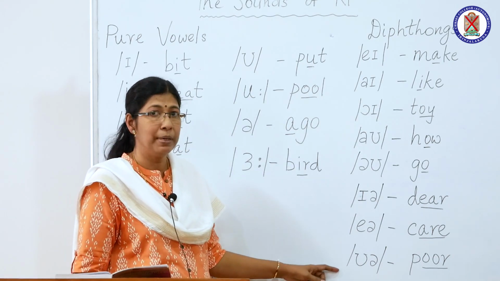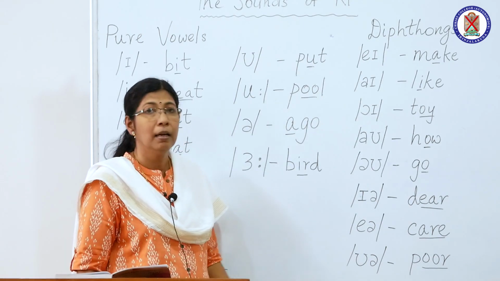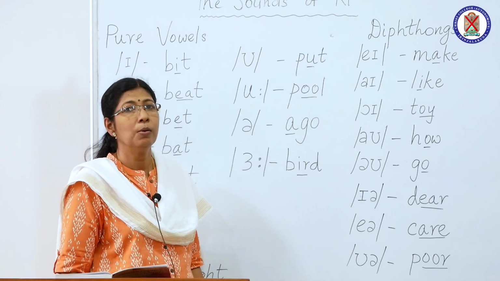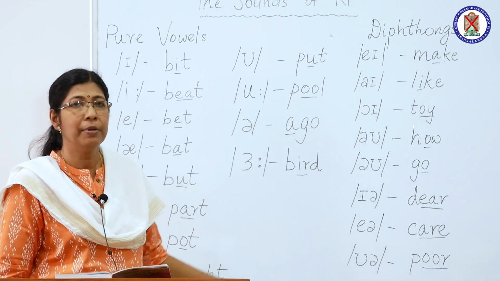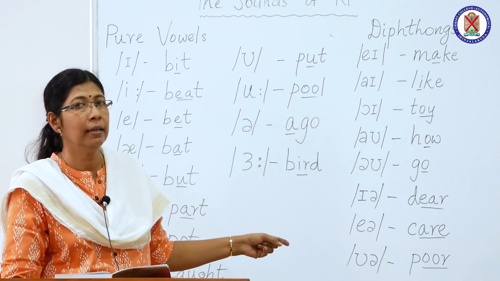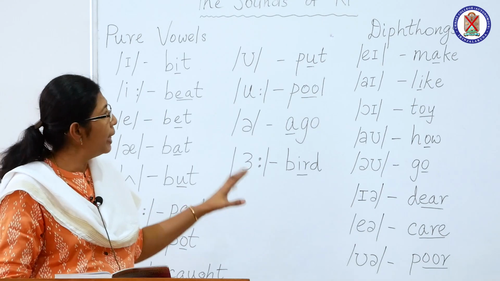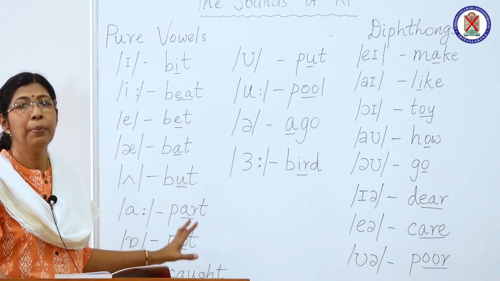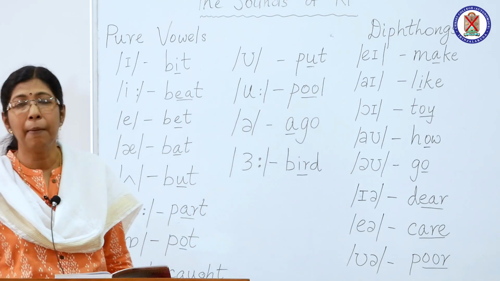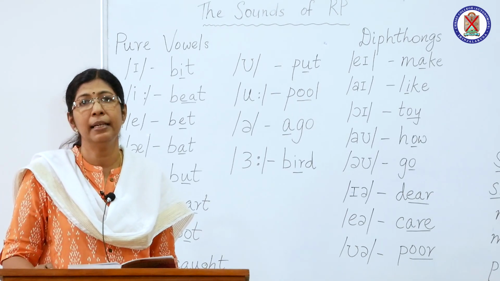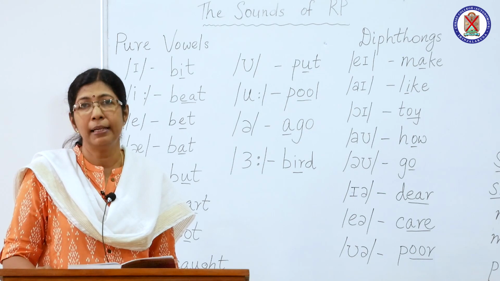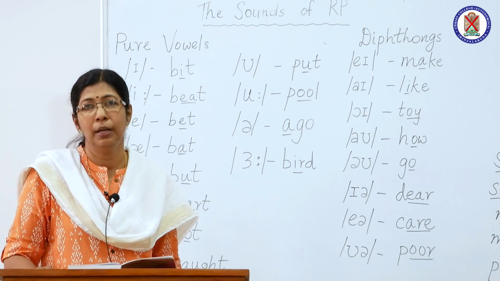And the last vowel sound is ur, as in the word poor, represented by the spelling double O. So these are the 20 vowel sounds in the RP variety of English, which is also the standard variety selected to be used in Britain.